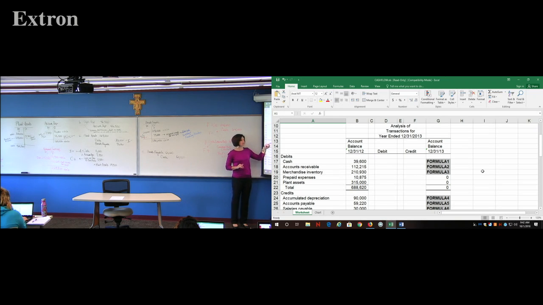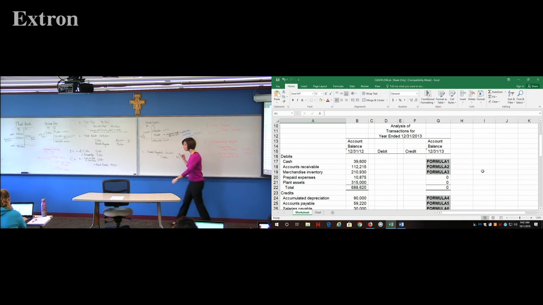So for example, let's take a look at cash. Cash started out with 39,600, and I don't have it up here on the board right now, but at the end, cash was 67,210. So that's obviously what you expect the answer to be here when we plug in the formula. But then you have to know how the debits and credits work, right?